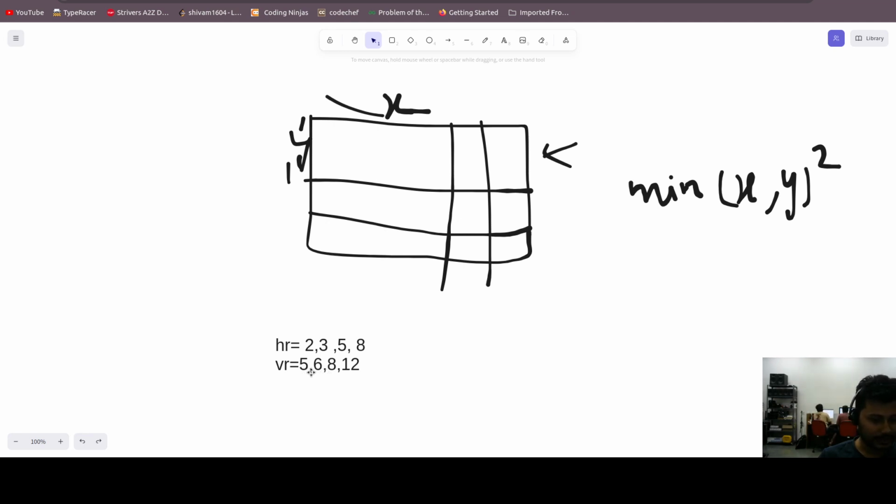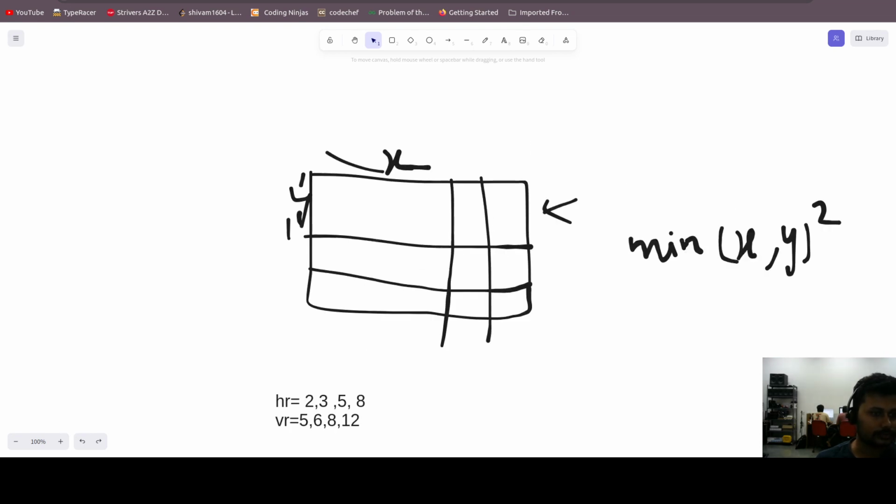So the maximum length is the consecutive sequence length 2 plus 1, which is 3. So the maximum here is 3 and here 3. So the minimum of 3 and 3 is 3, and 3 to the power 2 is 9.